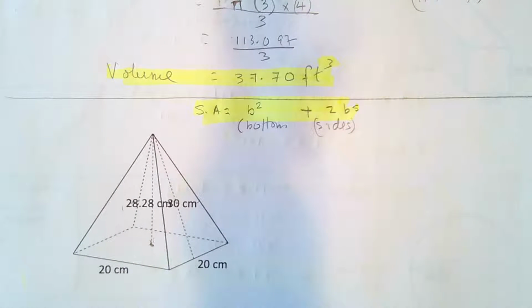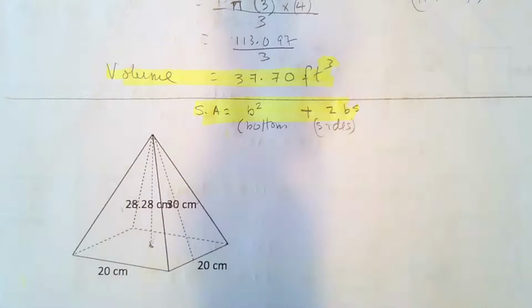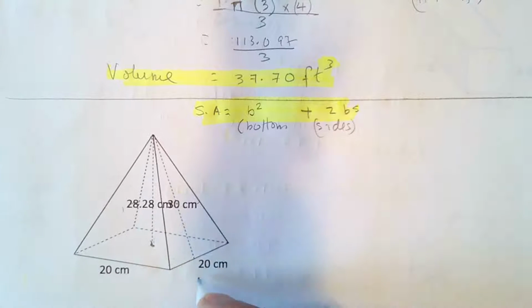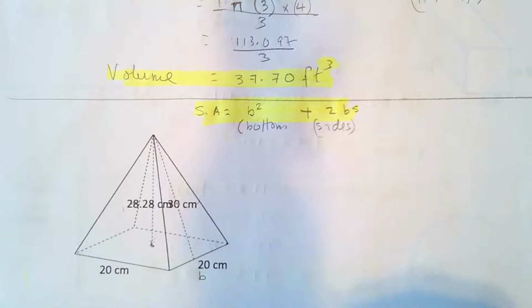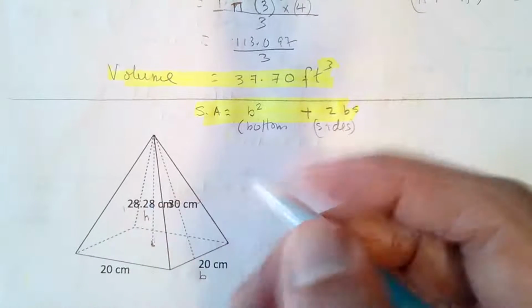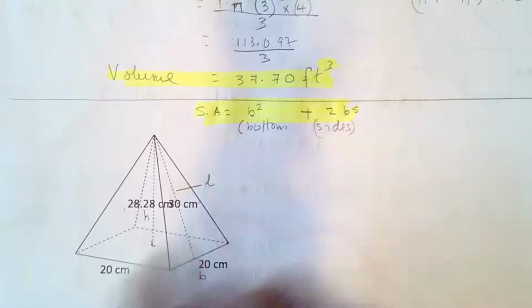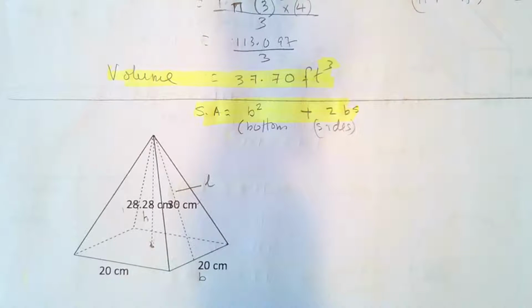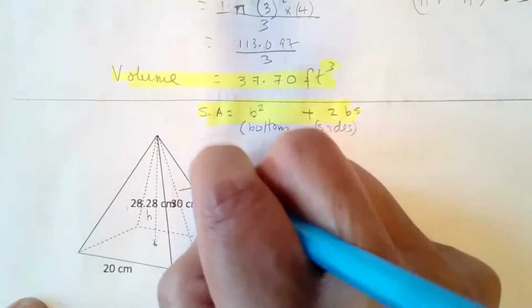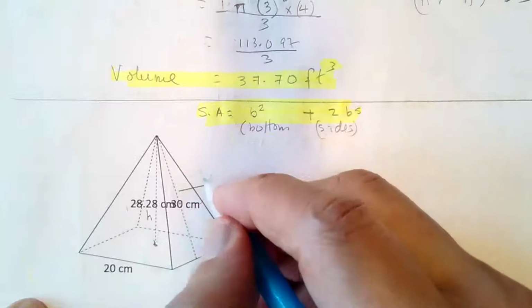Step 2, we are going to label the diagram. So this is b here. Your height is h, 28, and this is your l. Now, the slant height in the formula refers to your s.